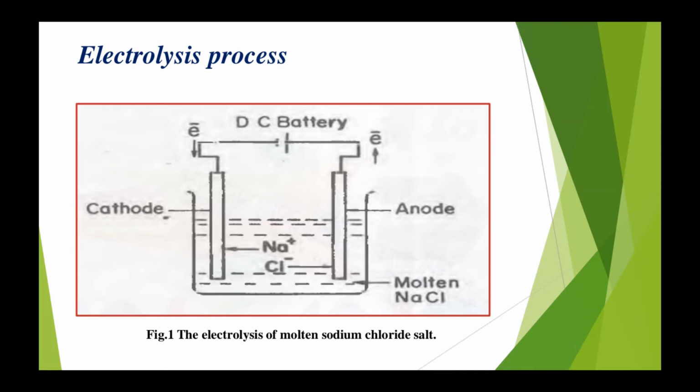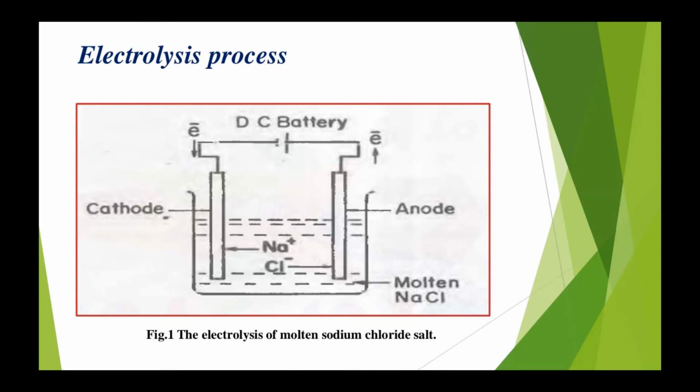At the same time chloride ions migrate toward the anode and are oxidized. In the oxidation process electrons are released, and chloride gives half Cl2 plus electron.